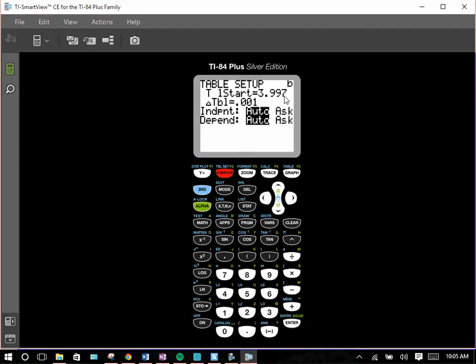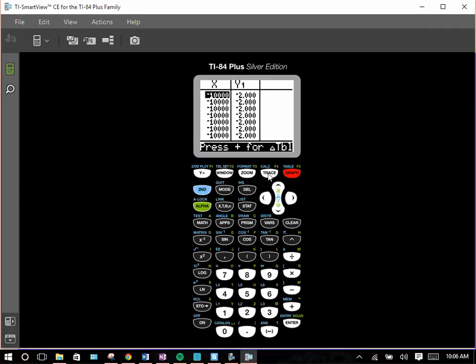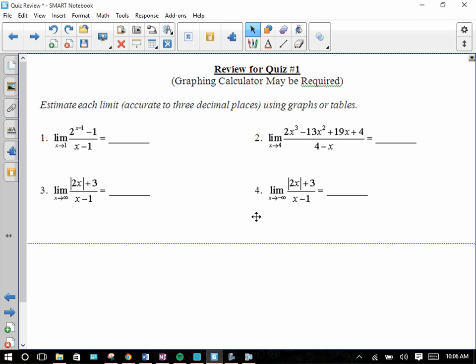I'm going to choose a very, very small number. So I'm going to say let's choose negative 10,000. Second table. Okay, what is my limit? My limit is negative 2. So that would be the answer for this.